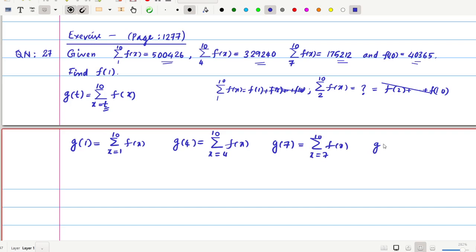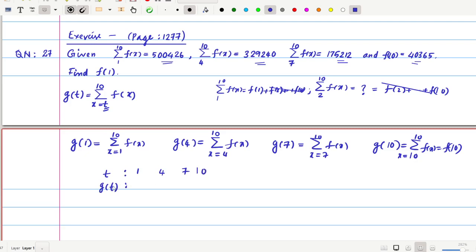And finally, what is g of 10? g of 10 will be the summation x equal to 10 to 10 of f of x, so this is nothing but f of 10 itself. So all these values are given. As far as g is concerned, we are given the value of g of t corresponding to the values t equal to 1, 4, 7, 10.